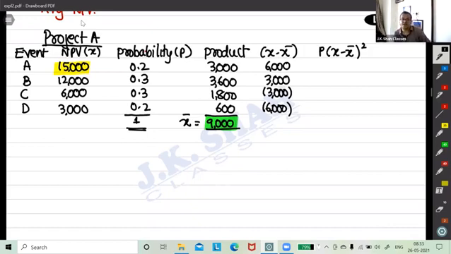I got 72 lakh. And I will say M plus, then 3,000 into is equal to the square into 0.3 plus 27 lakh.